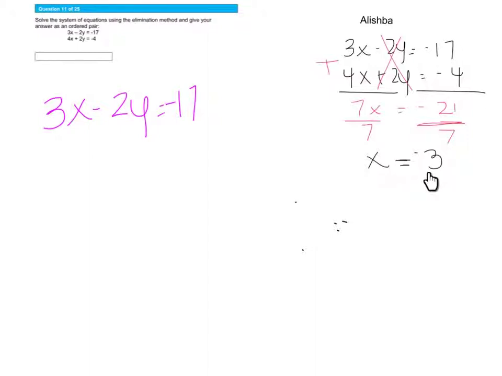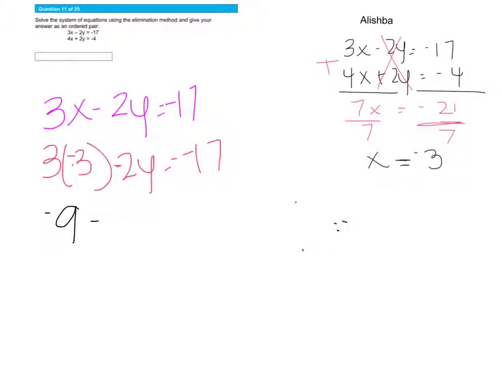So negative 3 is now x. So 3 times negative 3 minus 2y equals negative 17. 3 times negative 3 is negative 9. Negative 9 minus 2y equals negative 17.